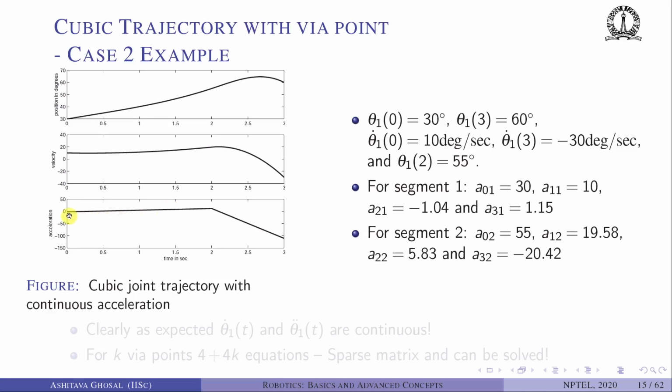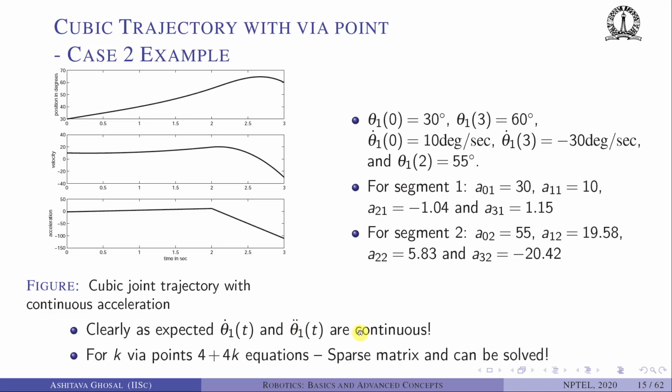Likewise, since there is no kink, there is no jump in slope. So we have acceleration which is continuous, which is a straight line from 0 to 2 and another straight line between 2 and 3, but there is no discontinuity at t equals 2. Okay, so clearly as expected, theta 1 dot and theta 1 double dot are continuous.